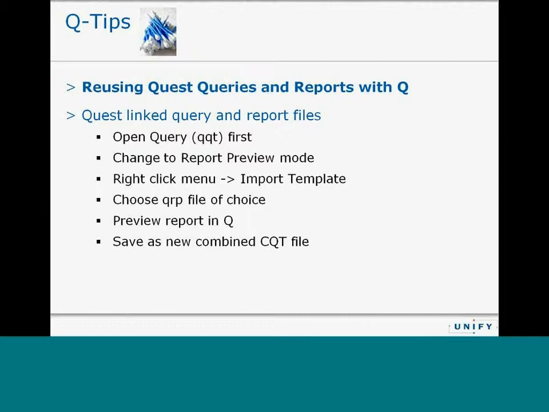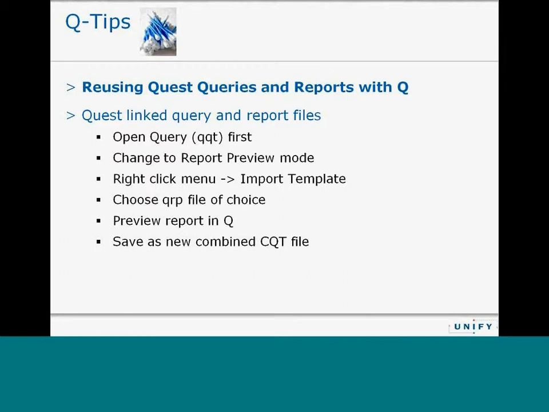Reusing Quest queries and reports with Quest linked query and report files. What you do to open those Quest files in Q, you first open a query QQT file, then you change to report preview mode and go to the background of the report and right click. You get the report object menu, and from there you choose import template.